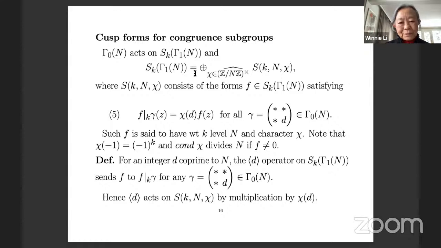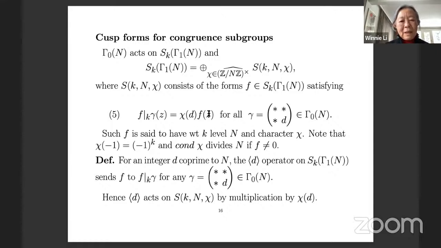So as we decompose it, this space S_k(Γ, χ) will consist of cusp forms for Gamma_1(N) such that when you act by an element from Gamma_0(N) whose lower right corner is d, then you get χ(d) times f(z). Okay. So such a form we say has weight k, level N, and character χ.